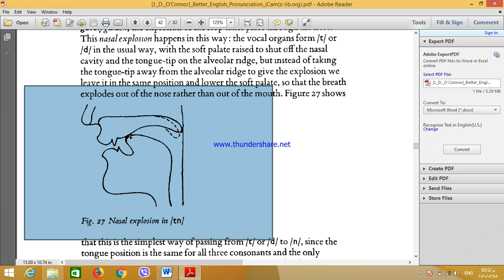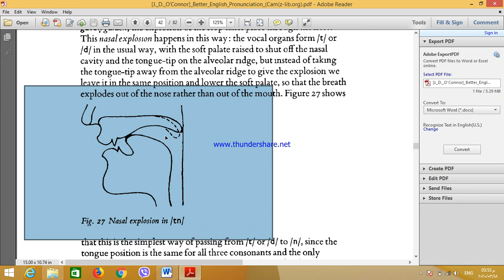So the tip of the tongue is raised to be in complete contact, as you can see here, with the alveolar ridge. We keep this contact and start lowering the soft palate. This is the soft palate. We start lowering the soft palate so we can push the air outside from the nasal cavity. From here, this oral cavity is still closed by the tip of the tongue and the alveolar ridge.